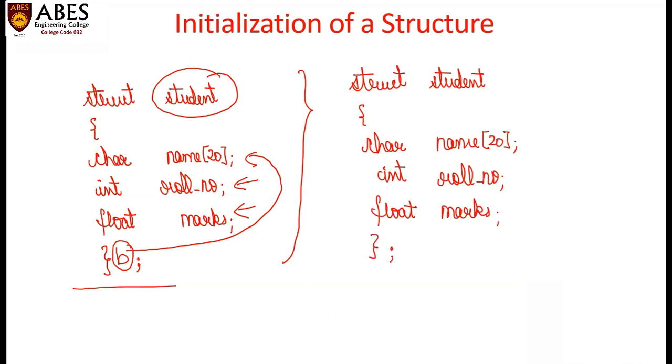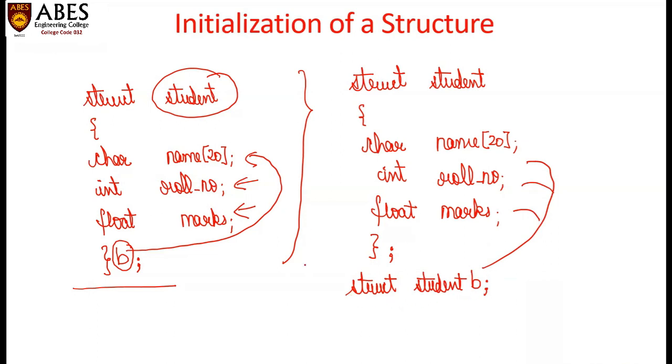Then after including the semicolon at the end, now we have stopped the declaration of the student. Now I want to create a variable of struct student for accessing these data members. Then I'll write struct student B. Now this B can access name, roll number, and marks. So this is the procedure for declaring a structure variable.